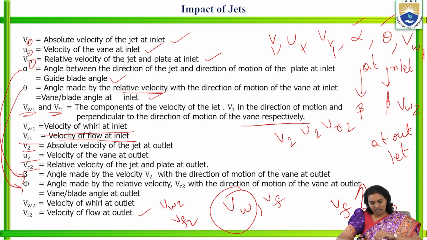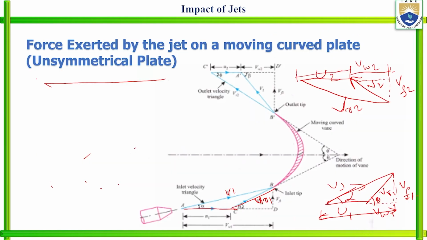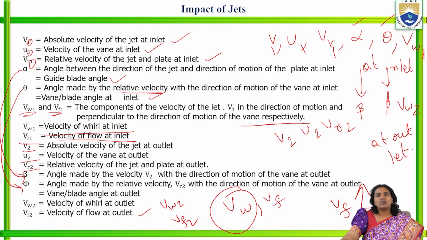So those are the inlet and outlet conditions. These are all the velocity components which we are going to use for the force exerted by the jet on a moving curved plate under unsymmetrical condition.